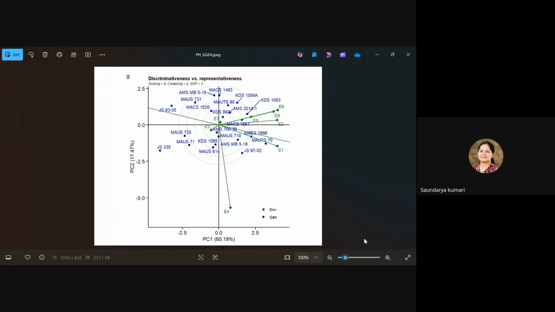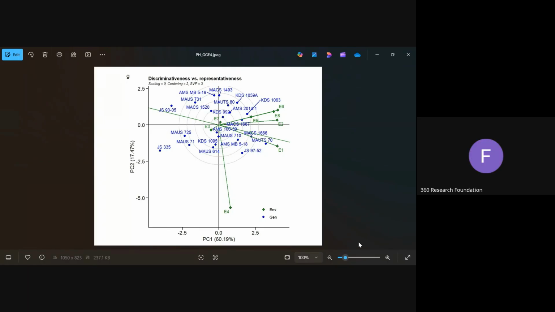For the genotype, those near the origin are representative, and those on the farthest circle are discriminative. And for the environment, those whose vector lines are close to the origin, like E3, E7, are representative. The environment lines in the group E6, E8, E2 are discriminative, but E4 is the most discriminative. Can I say that or not?